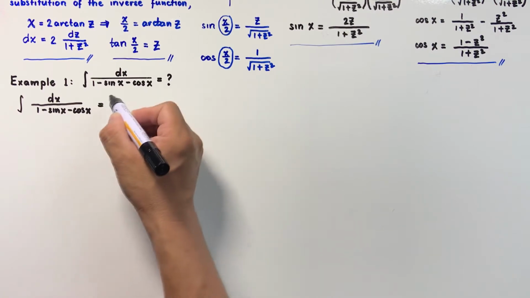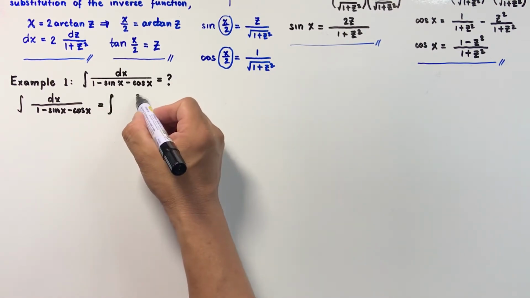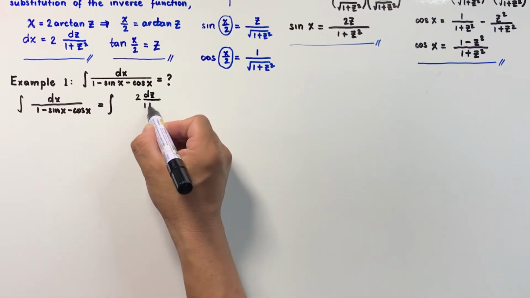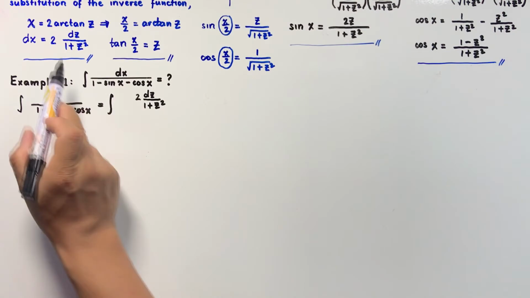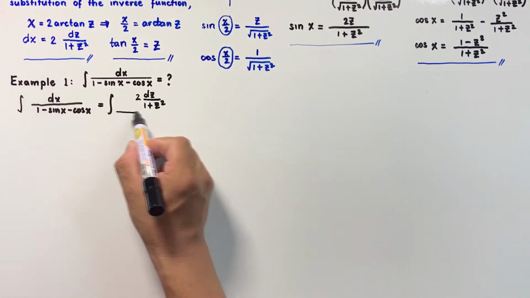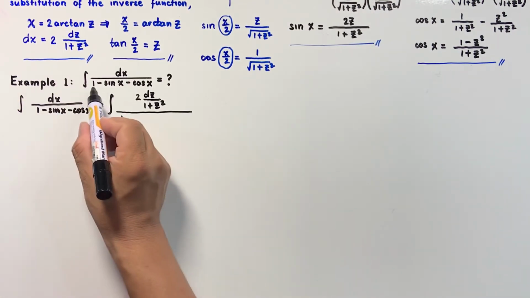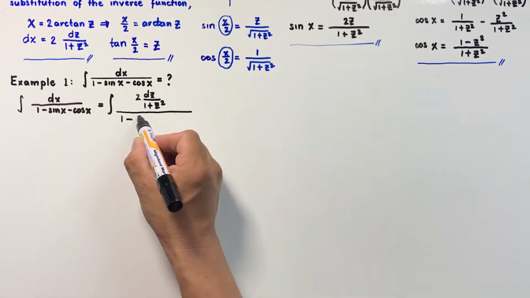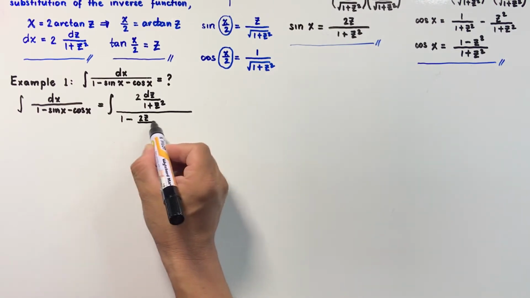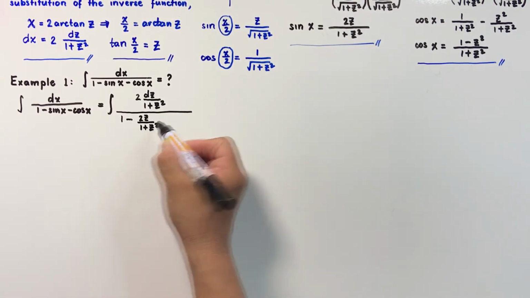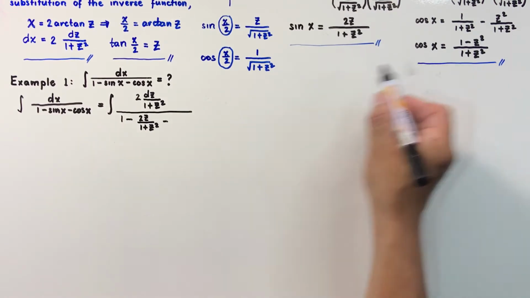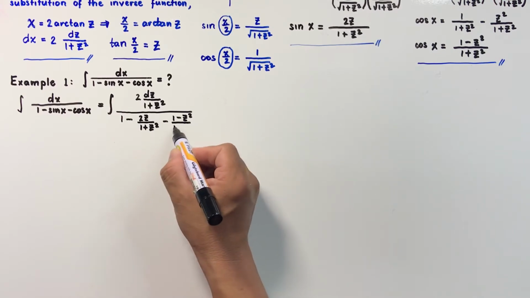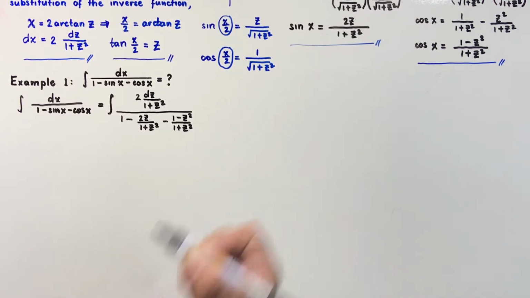We have this integral of 2 dz over the value of 1 plus z squared, which is this one here, all over 1, which is this one, minus the sine x. And we know that sine x is 2z over 1 plus z squared minus the cosine x, which is 1 minus z squared over 1 plus z squared here.